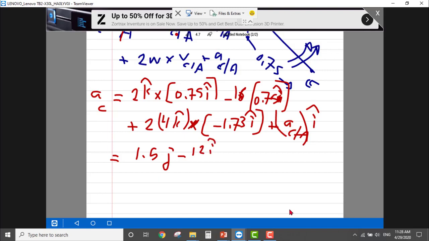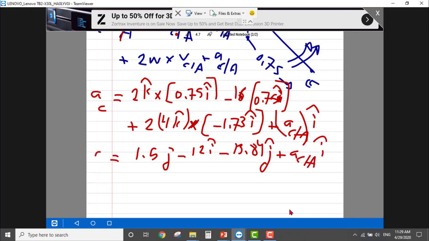Now K cross product I is J positive, and we have minus 2 multiplied by 4 multiplied by 1.73, this is 13.84 in the J direction, plus AC with respect to A in the I direction.